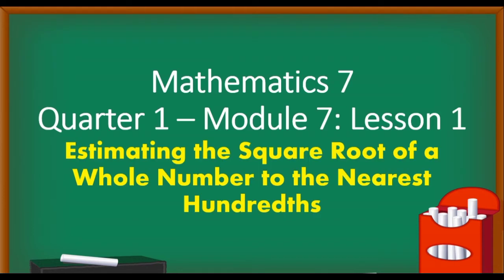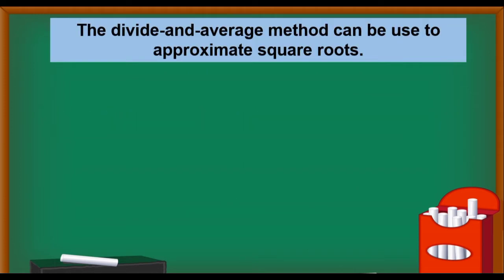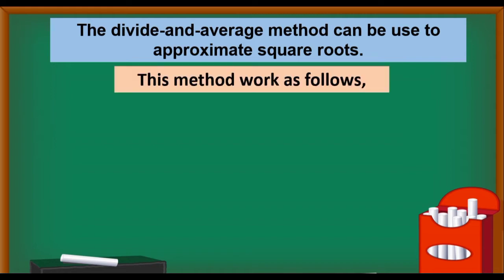So, umpisahan natin sa ating lesson 1, estimating the square root of a whole number to the nearest hundredths. Naalala nyo pa ba? Diba nung nakaraan nag-estimate tayo? So, the divide and average method can be used to approximate square roots. This method works as follows.